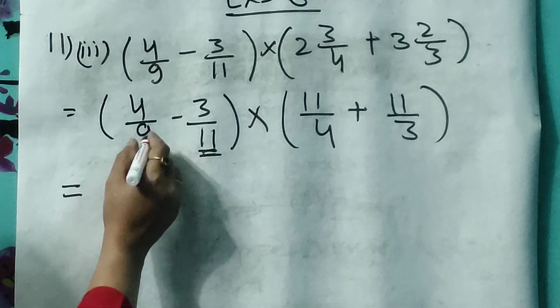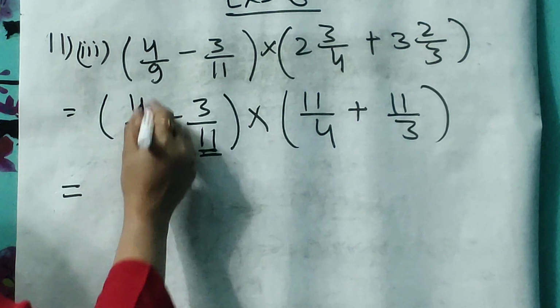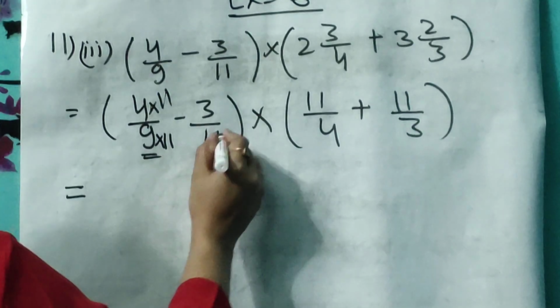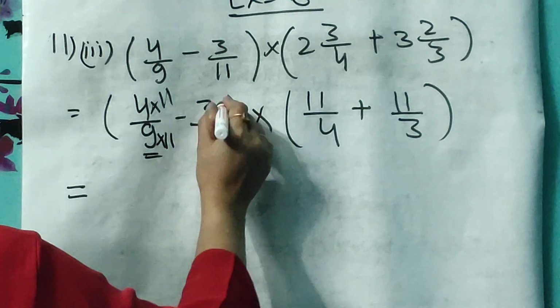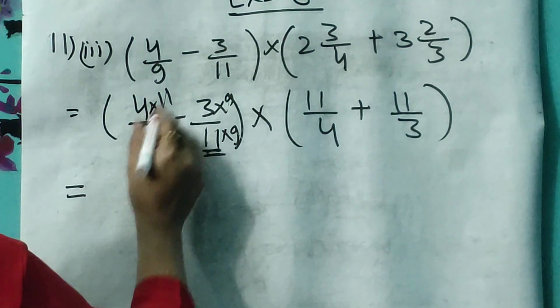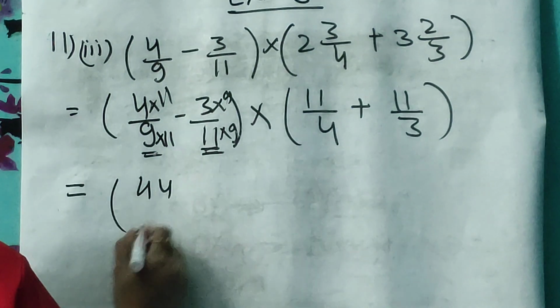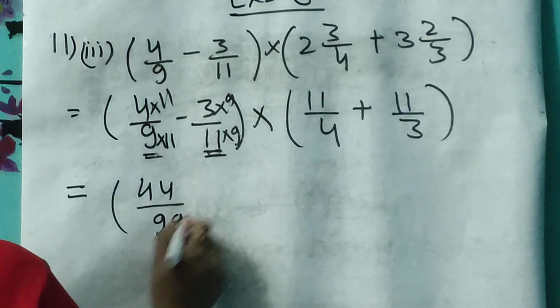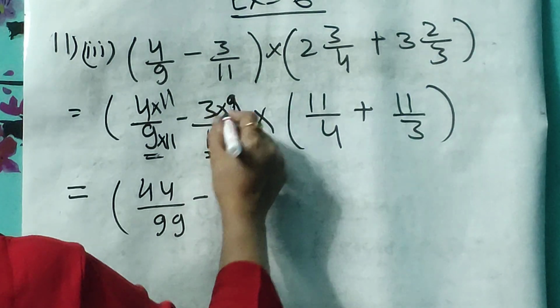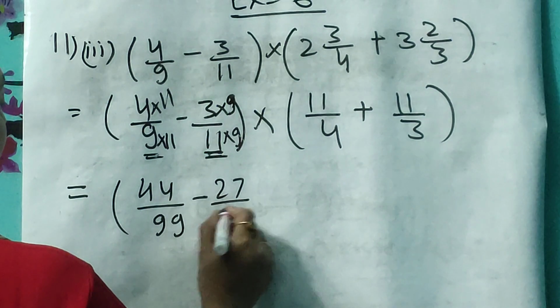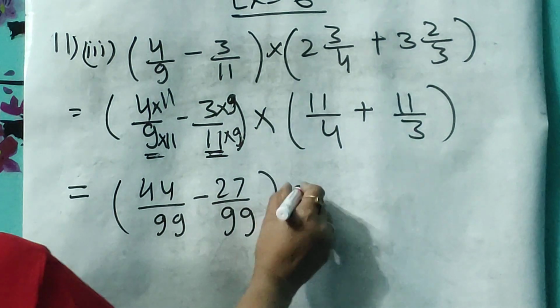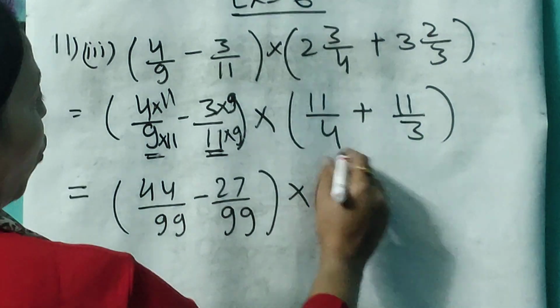So to make it 99, we will multiply here with 11, and to make this 99 with 9. So 4 11s are 44 by 99 minus 9 3s are 27 by 99, into here 4 and 3.